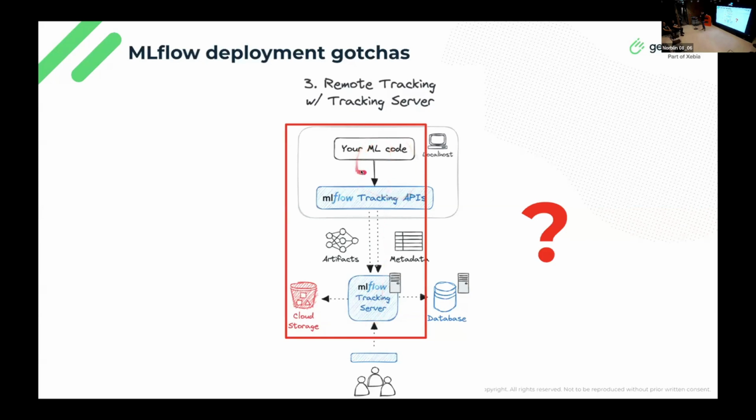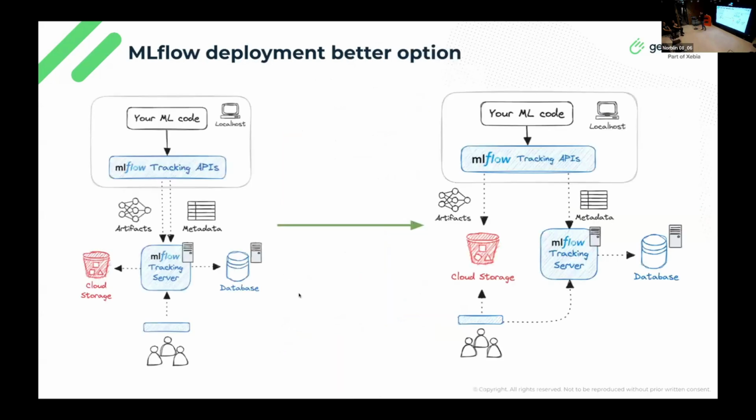So that means if you're running a training job here and you are storing a large language model that has a few gigabytes of size, all of this traffic will first go to our tracking server, and then the tracking server will send it to cloud storage. And you will quickly exhaust, for example, the payload size for Cloud Run or Fargate. So that's why I've mentioned there are 3.5 options.